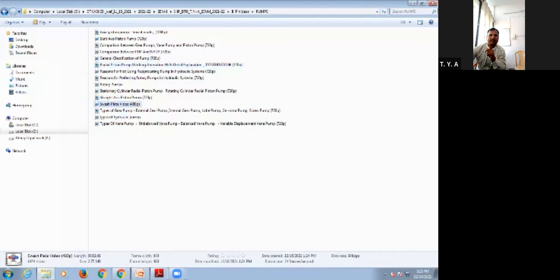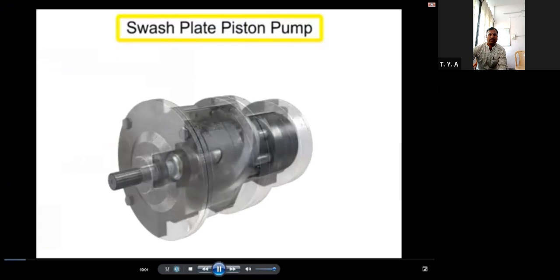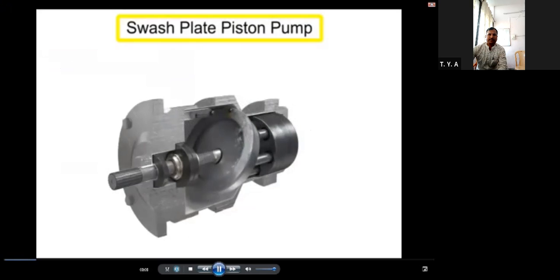A swash plate is a device used to translate the motion of a rotating shaft into the reciprocating motion of a piston. This is a drive shaft.